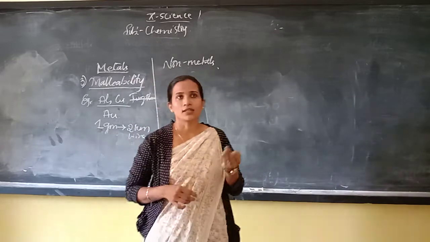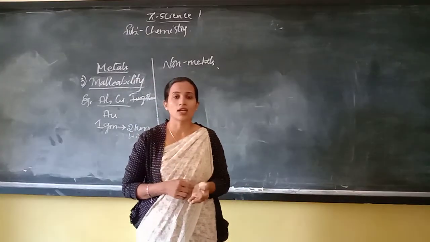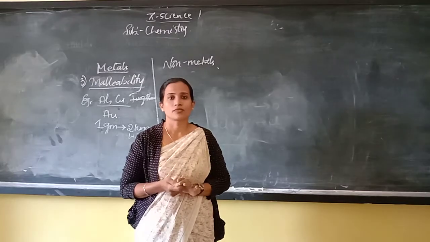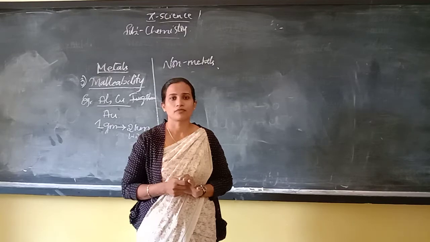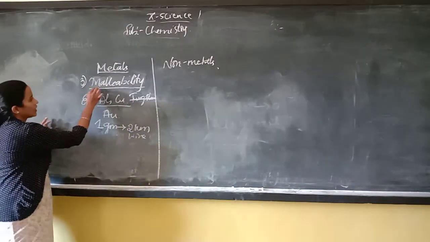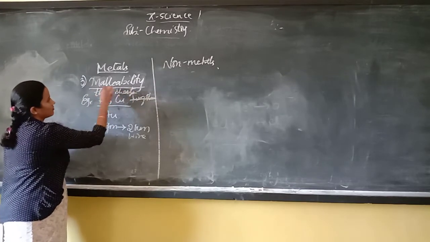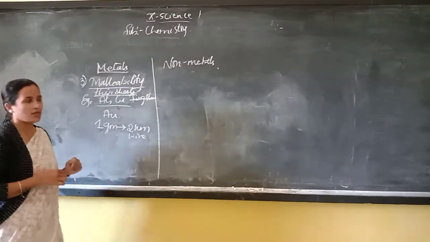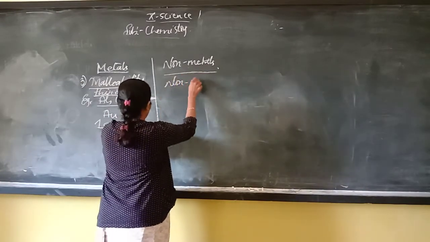We can make silver and gold into thin sheets, so we can make them into any kind of shapes. Understood? So what do you mean by malleability? If we get thin sheets, they are called malleable.